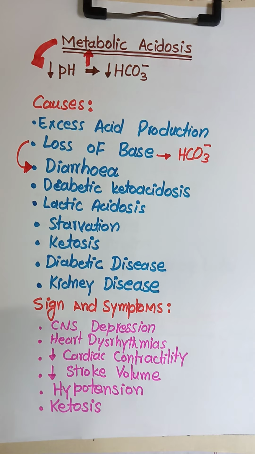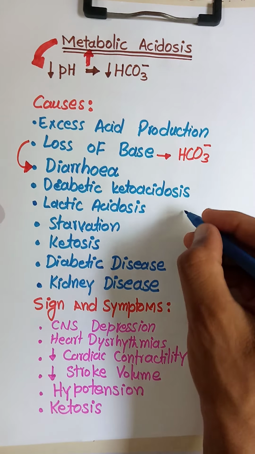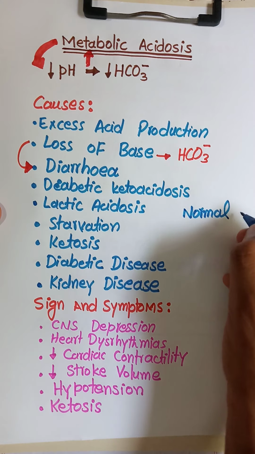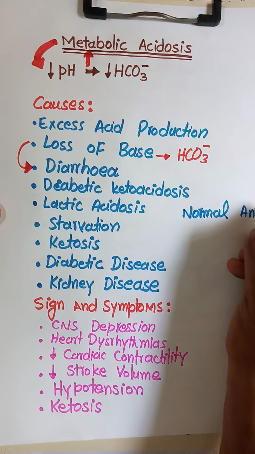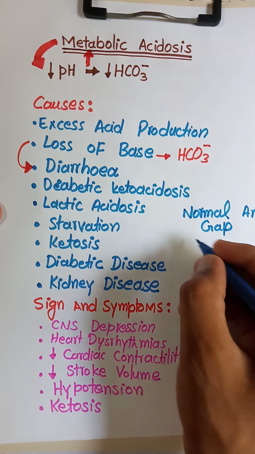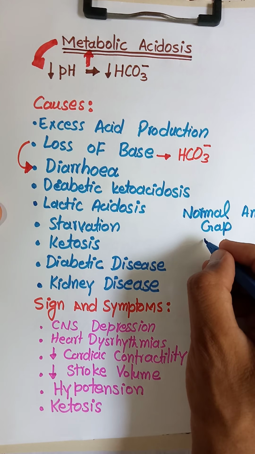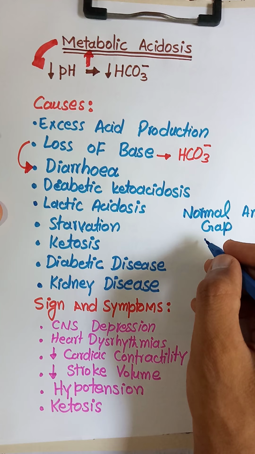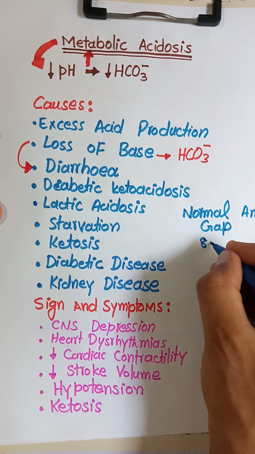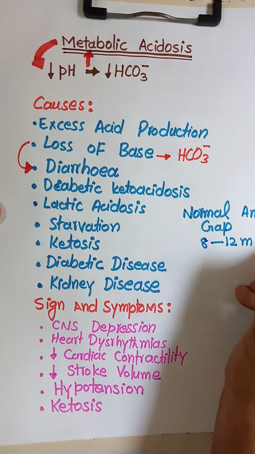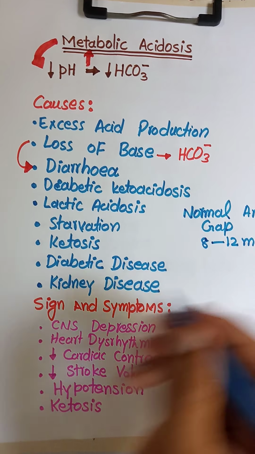Also, this occurs in normal anion gap, which is 8 to 12 milliequivalent per liter.